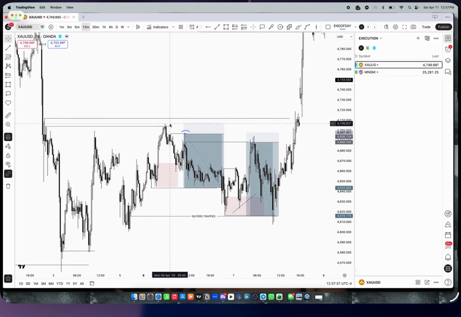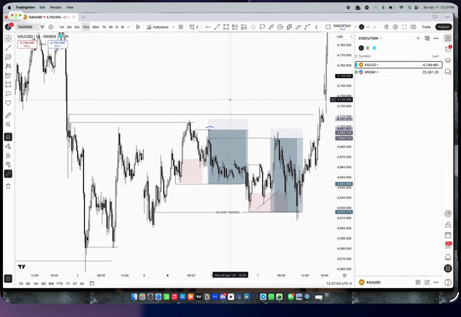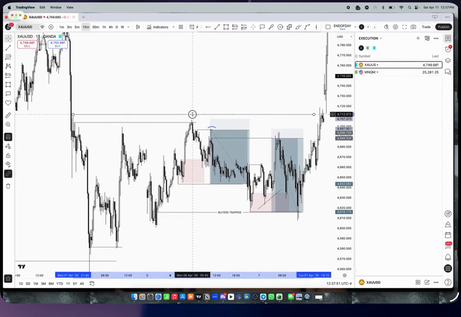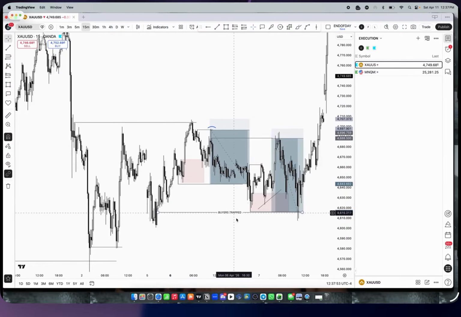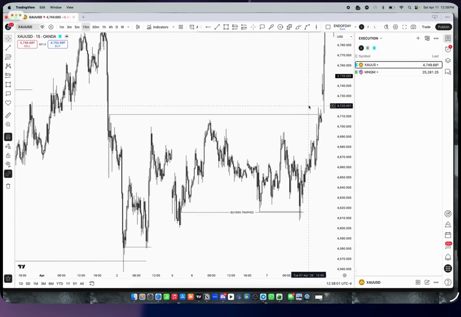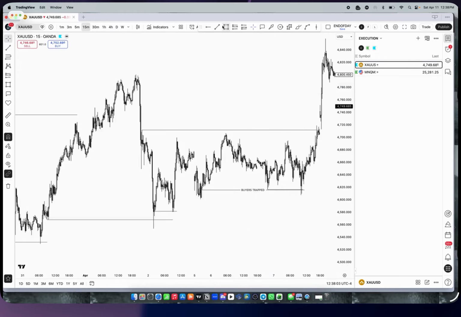But I highly recommend not taking these entries whenever direction is clear, because remember, I took it under the guise of my 1 hour, the high is being taken. So I had confidence in taking it to the inducement lows. But all in all, price runs for the buy target and also runs for this target as well.